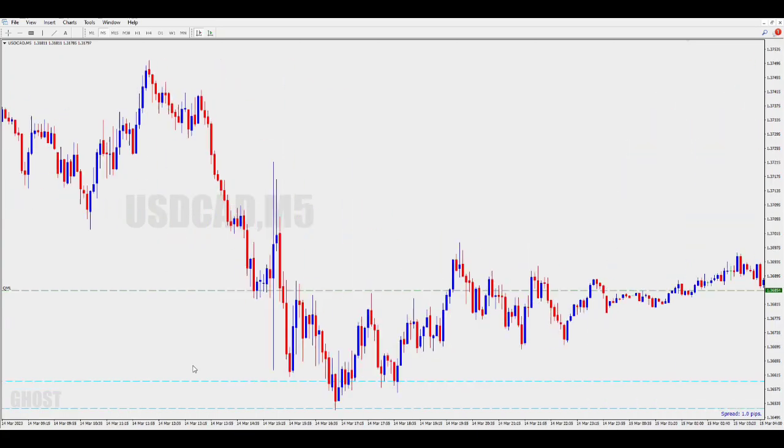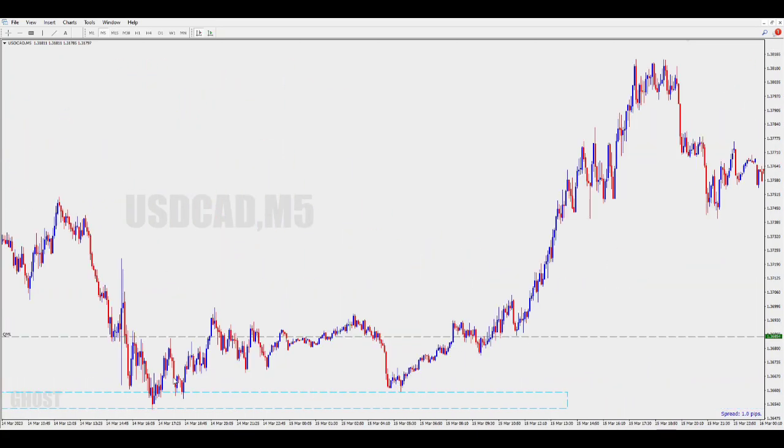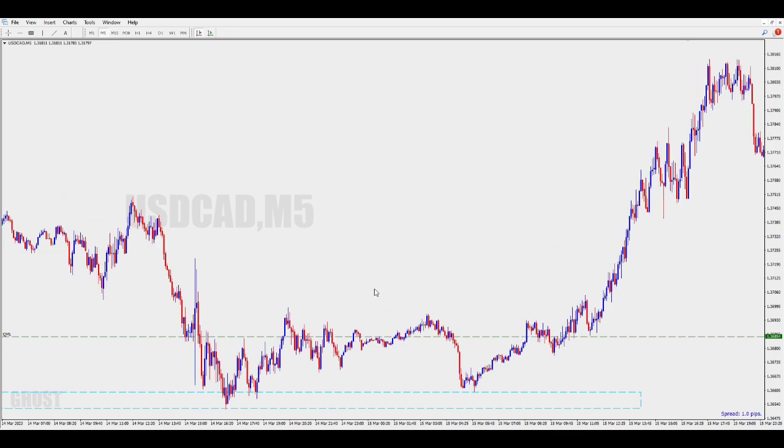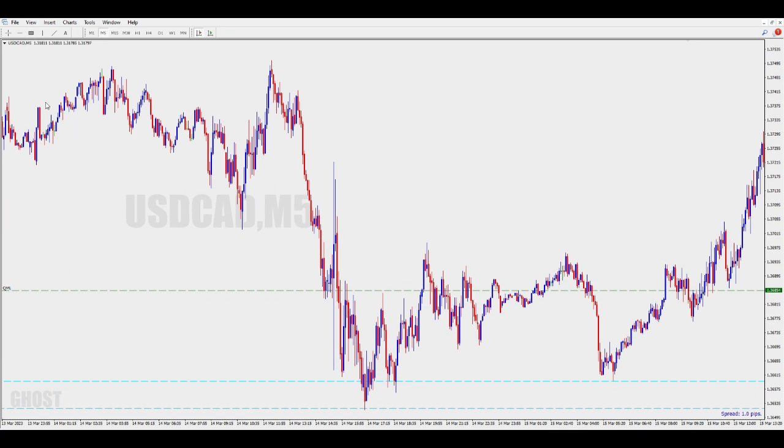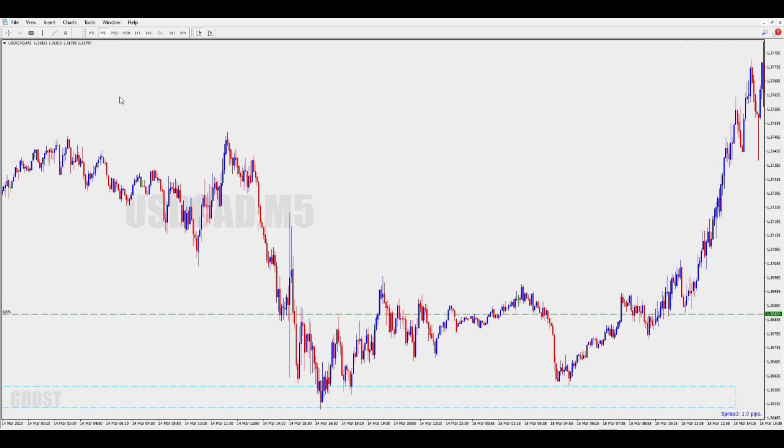And we can see here, after price hit the zone, we create a beautiful price action, in my opinion, for buying into this area. So we have a low, a high, a lower low, and a higher high, and I would definitely be looking to enter around this area right here.